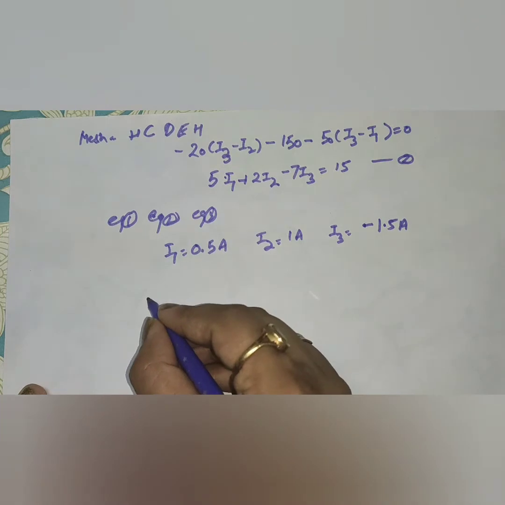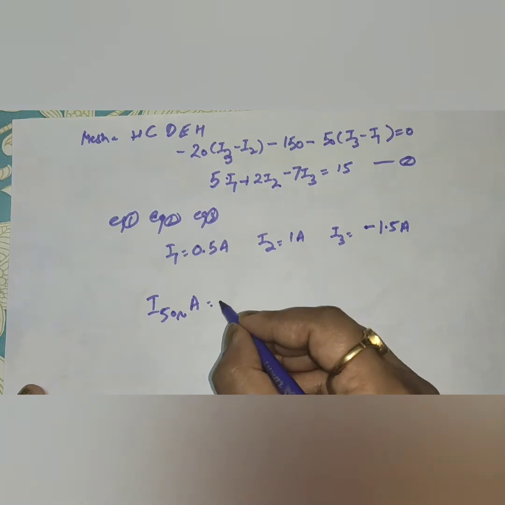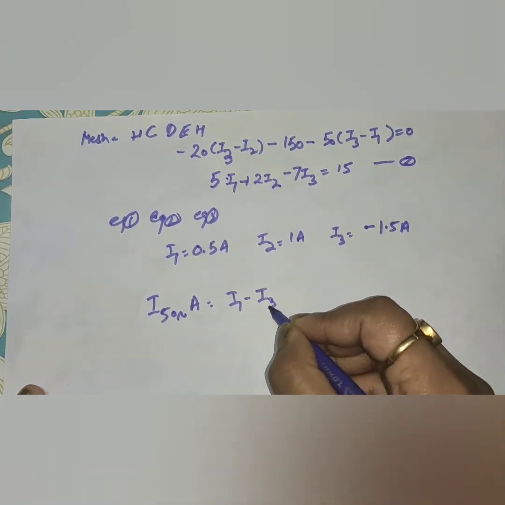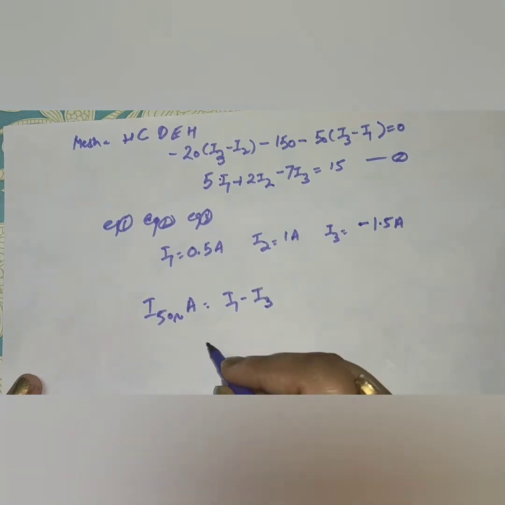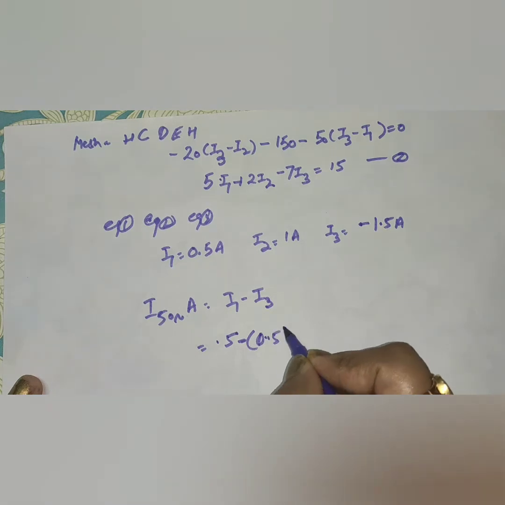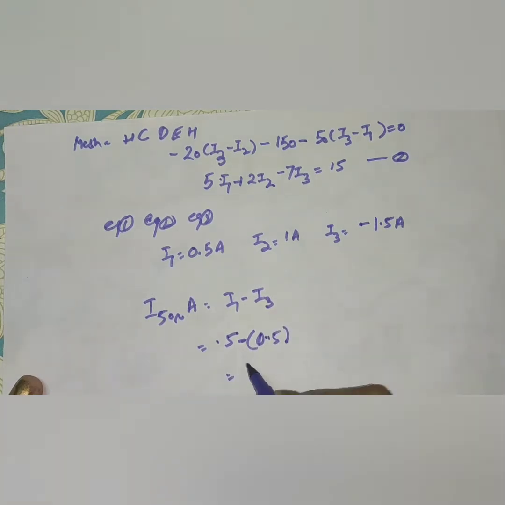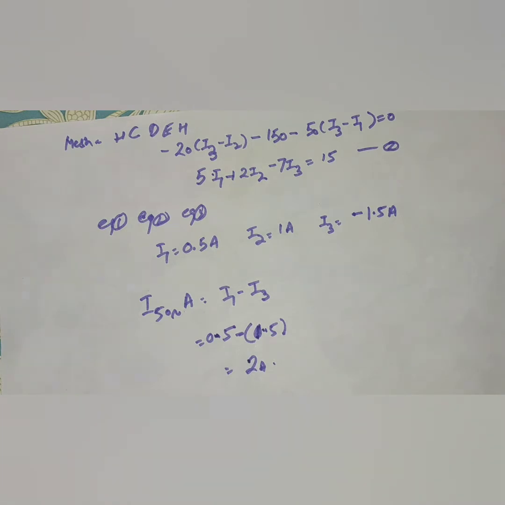The current in the 50 ohm resistance will be I1 minus I3 in the downward direction. Okay, in the downward direction that will be 0.5 minus (minus 1.5), that will be 2 ampere. Okay, so this will be your answer.